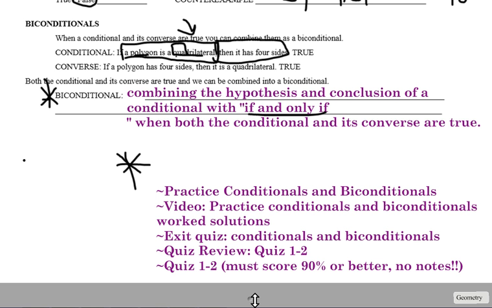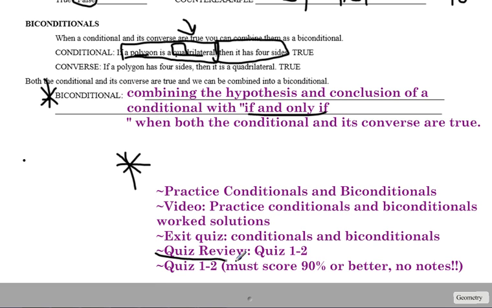Now, the reason this is going to be hard is because you've been able to use your notes on your exit tickets and your exit quizzes and your practice worksheets. You have to have those definitions memorized. Every definition that we've gone over, everything that I've starred and said this definition must be memorized, you have to have memorized.